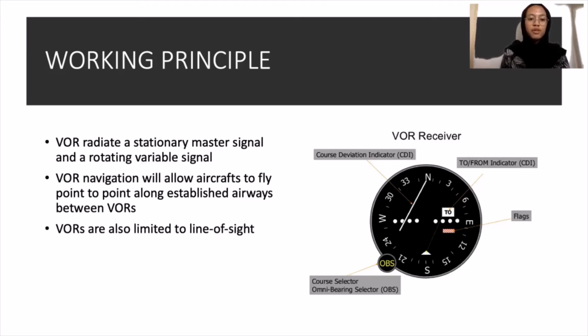Other than that, VORs are also limited to line of sight. As an example, although VOR is a very modern technology, obstacles, terrain, and even the slope of the earth can actually stand in the way of VOR signals. But there are actually no restrictions on how many airplanes can use a VOR at the same time.